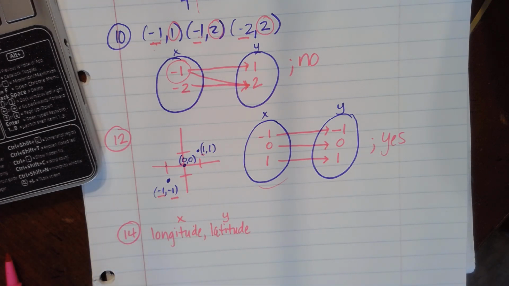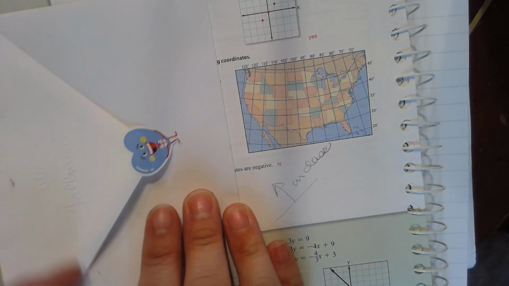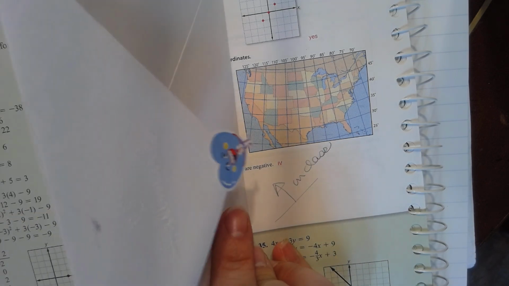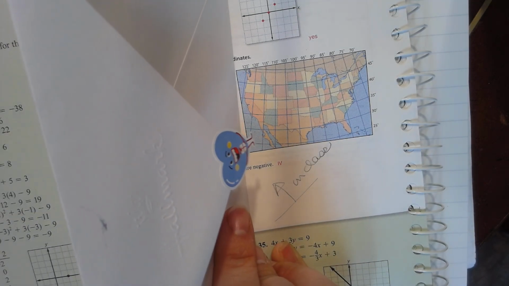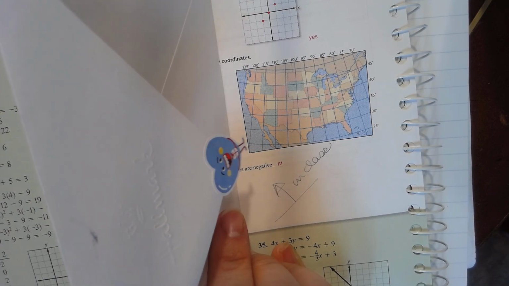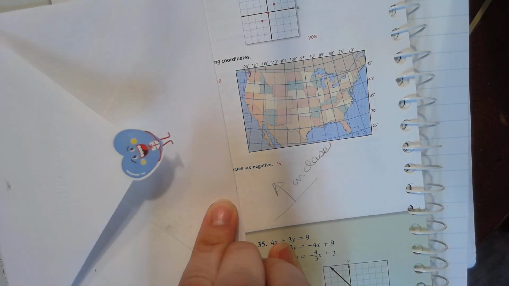So let's look at what this looks like. Get something to cover it. Okay, so here's the map that they're giving you, and what they want you to do is state which state they're giving you coordinates for. So number 14 says longitude 80, latitude 40.